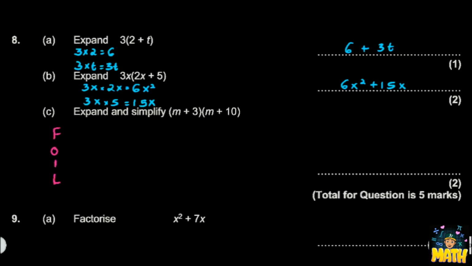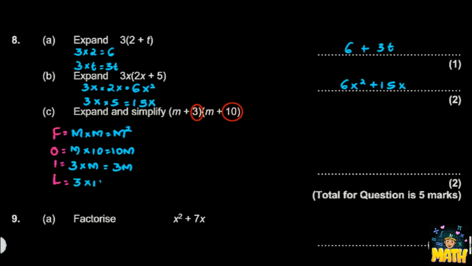FOIL once again. First, outer, inner, and last. So we start with the first terms, which is m and m, to give m squared. The outer is m and 10 to give 10m. The inner is 3 and m to give 3m, and then the last is 3 and 10 to give 30.